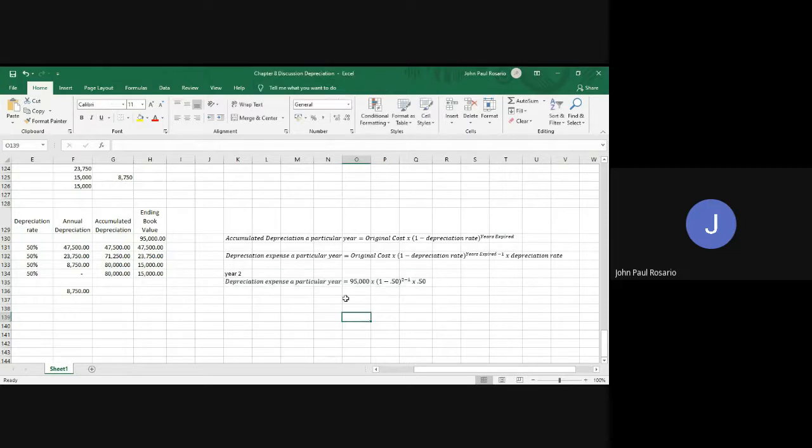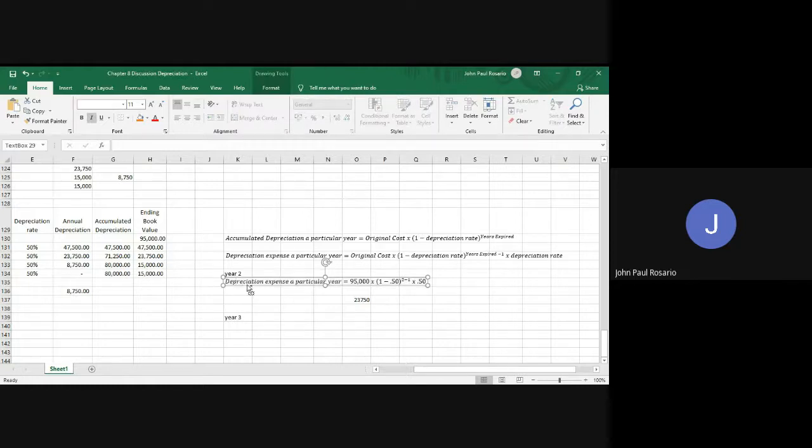So if you solve this, it would be 95,000 times 1 less 0.50 raised to the power of 2 minus 1, and then we multiply that by 0.50. Okay, so depreciation expense on year 2 is 23,750.